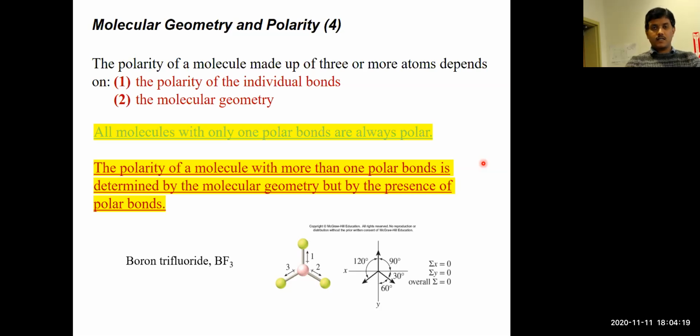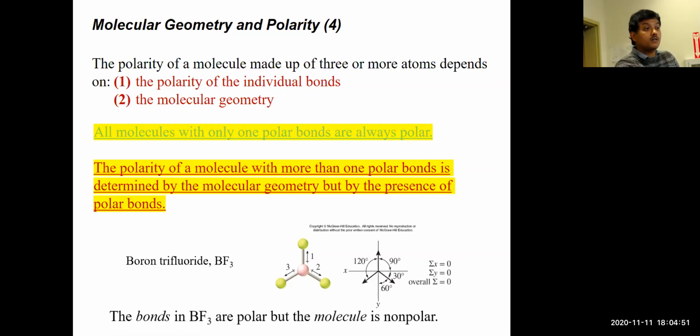Trigonal planar separates each of the fluorines by a perfect 120 degrees angle from each other. As a result, the cancellation of the dipole moment easily happens. Each of these oppositely directed dipoles gets cancelled by the others. As a result, BF3 is a molecule that contains polar bonds. The BF bond is a polar bond, but the whole molecule is a non-polar molecule.